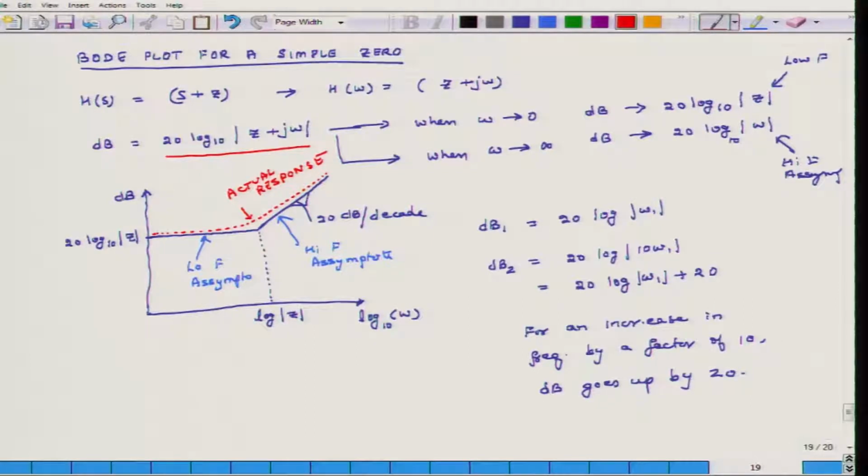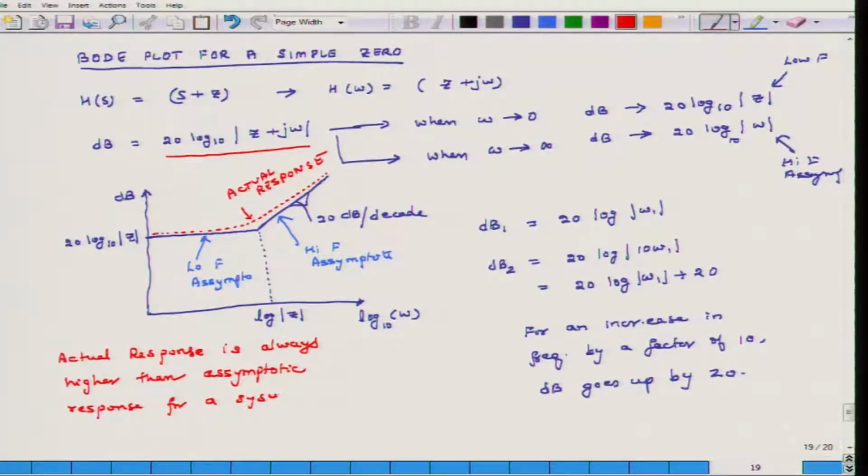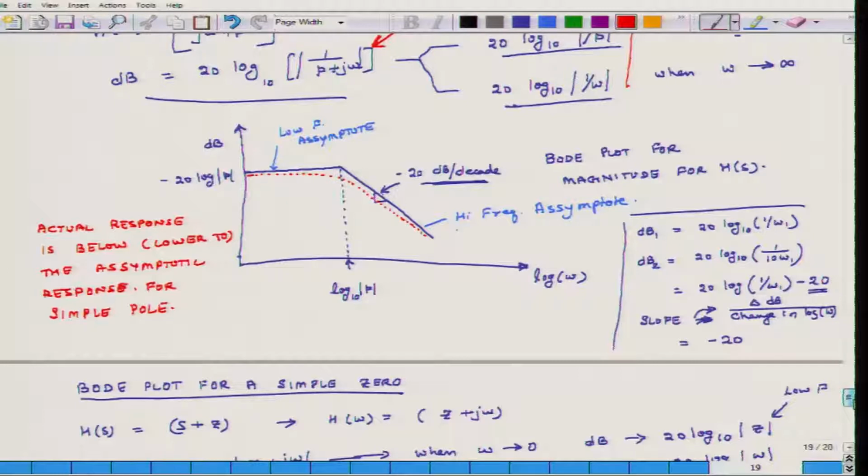So, for a simple zero, the actual response is always higher than the asymptotic response for a system whose H of s is a simple zero and z is real.